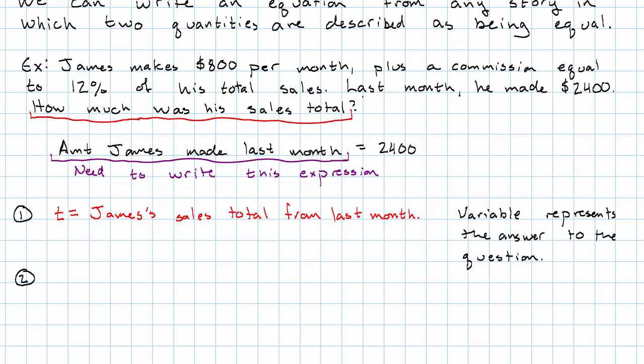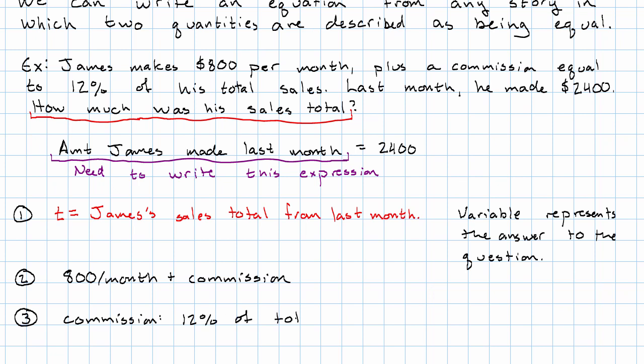James gets the $800 per month plus the commission. And then filling in the details, his commission is 12% of total sales.